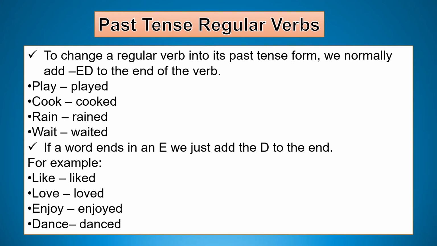For example, play, played, cook, cooked, rain, rained, wait, waited. If a word ends in an E, we just add the D to the end. For example, like, liked, love, loved, enjoy, enjoyed, dance, danced.